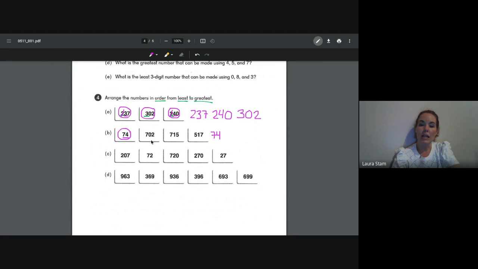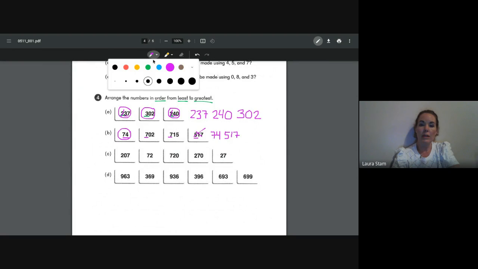Okay. Now let's compare these hundreds places. We have 7, and we have 5. So our next smallest number is going to be this 5. So let's put this 517 down, get him out of the way. All right, that leaves 702 and 715.